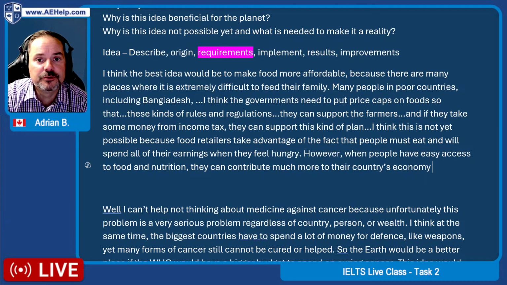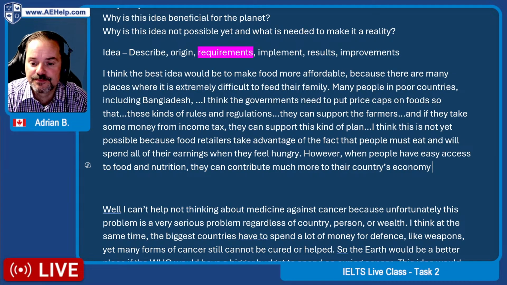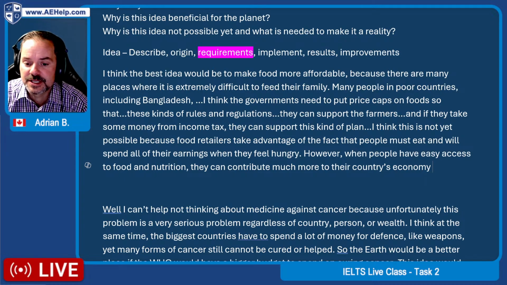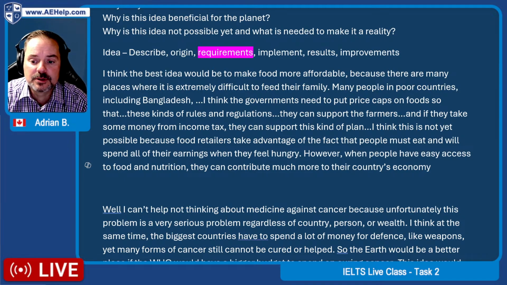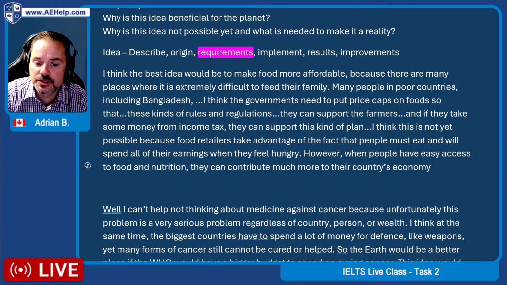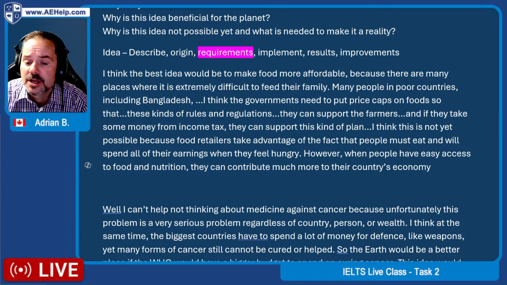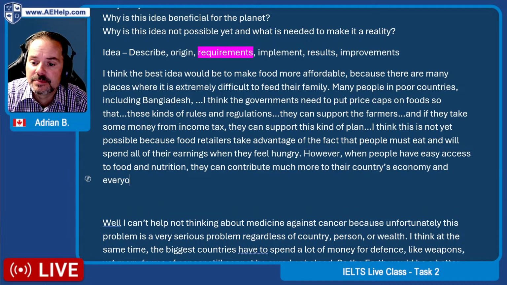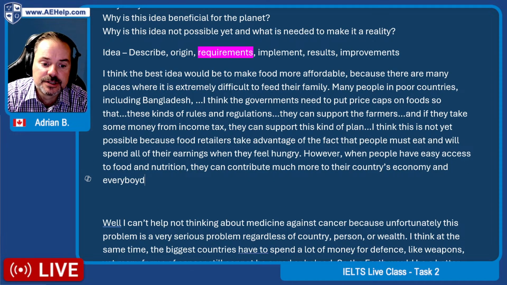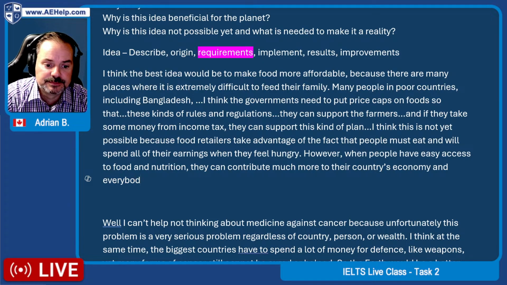Right? If people have food in their stomach, then they have energy. And if they have energy, they can produce. And if they can produce, everybody's happy. So, however, when people have easy access to food and nutrition, they can contribute much more to their country's economy, and everybody enjoys a better life.